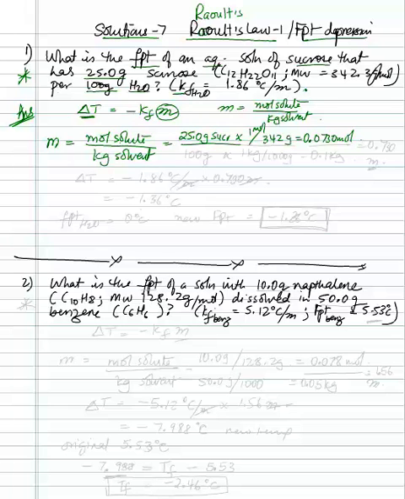Now the kilogram of solvent is 100 grams, and then just convert it to kilograms. How easy is that? 1000 grams has 1 kilogram, so that's equal to 0.1 kilogram. You divide the two numbers now that you have both of them, and you get 0.730, and this is molality now.